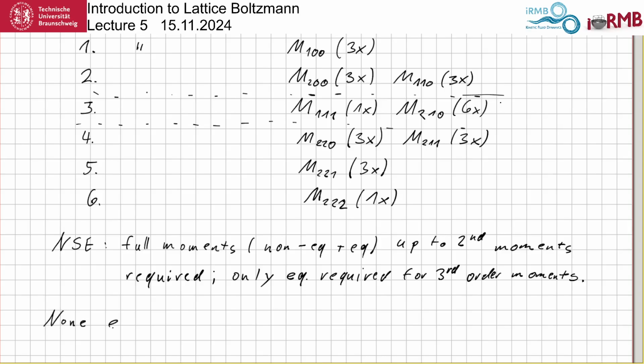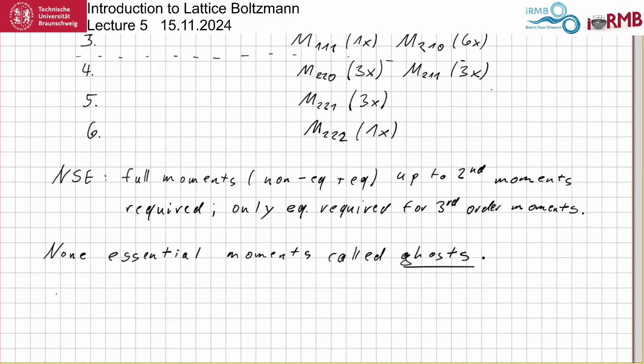These non-essential moments are given a name: they are called ghost moments, or I will just call them ghosts. In the literature they most often say ghost moments, yes, but let's just say I'm calling them ghosts.